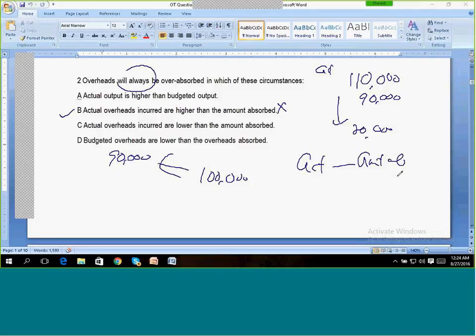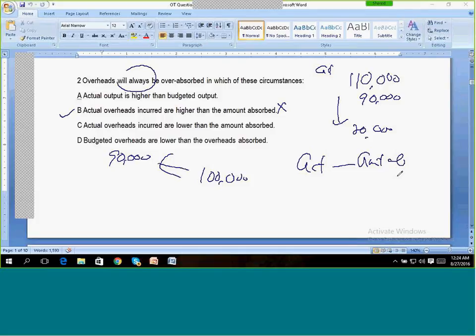If the actuals are more than the amount absorbed, then it is under. If the actuals are less than the amount absorbed, then it is over. If it is less than the amount, then it is over absorption. If actual is more than the amount absorbed, it is under absorption.